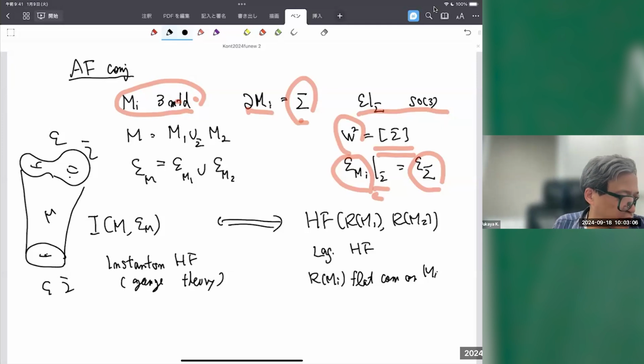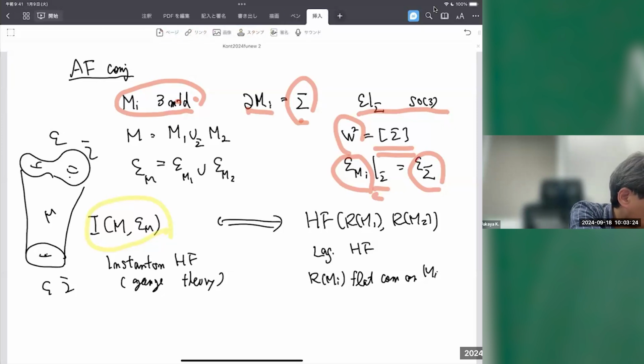So now we compare two objects. One is in gauge theory, and the other is in symplectic geometry. In gauge theory, we consider the instanton Floer homology of the three-manifold M. So M is a union. Let me write a bit more.